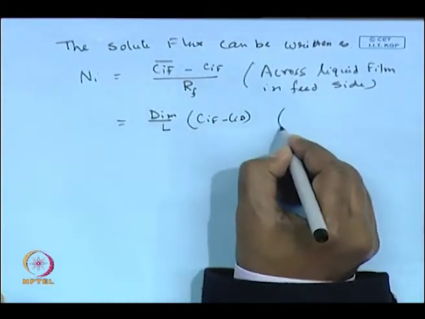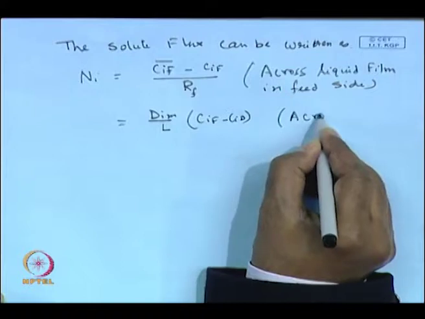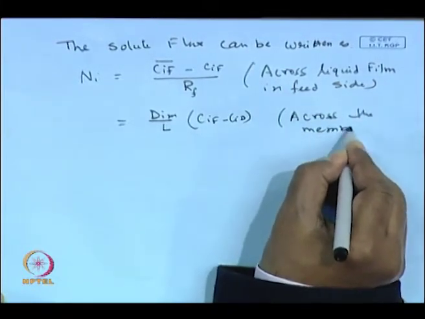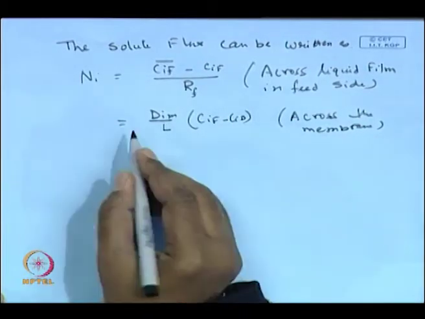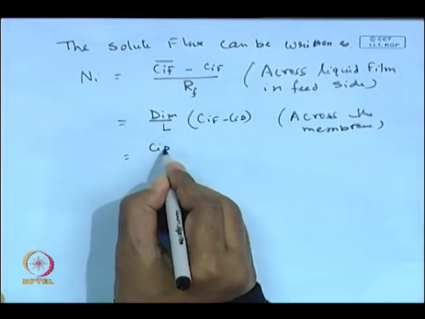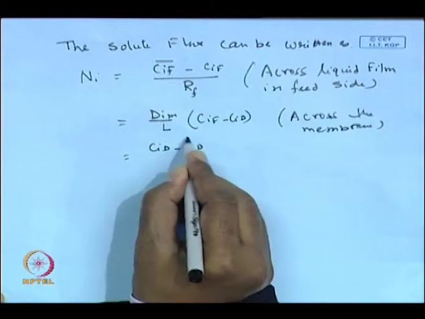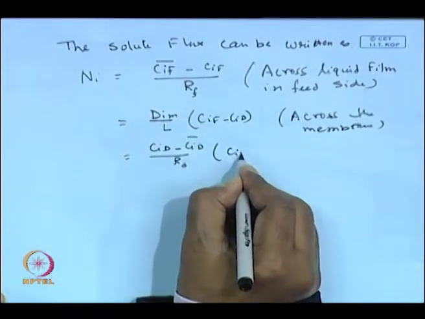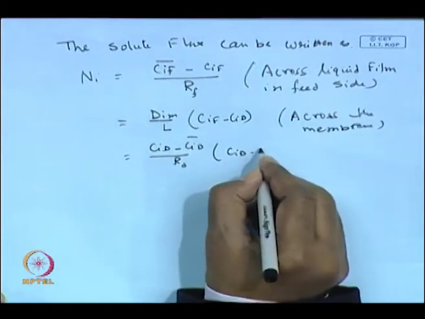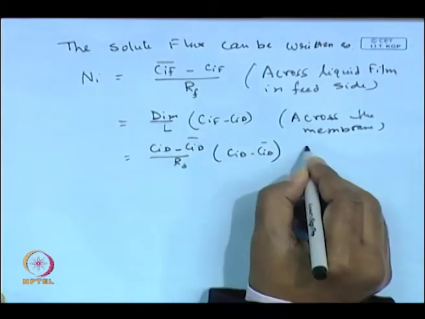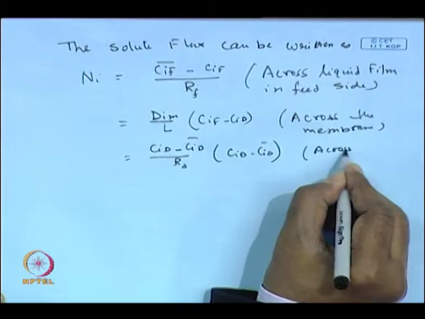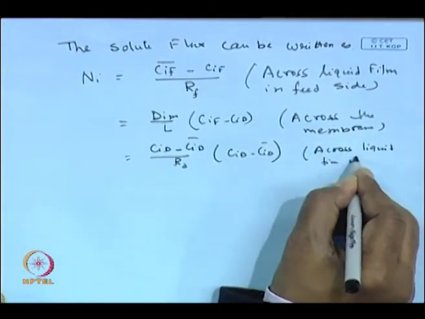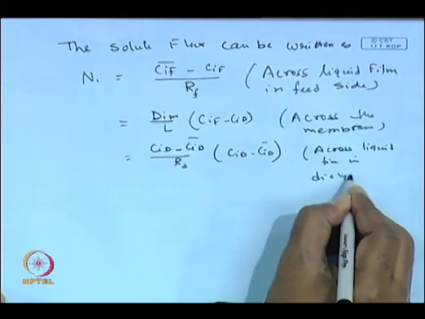So, this is across the dialysis membrane. And this will be Cid minus Cid bar divided by Rd, across the liquid film in the dialysate side.